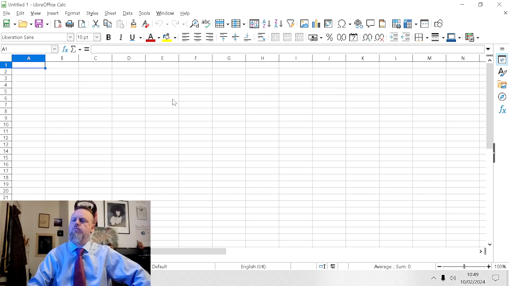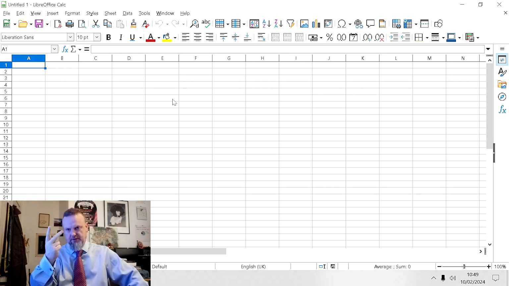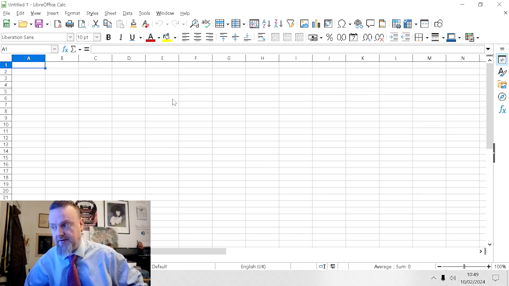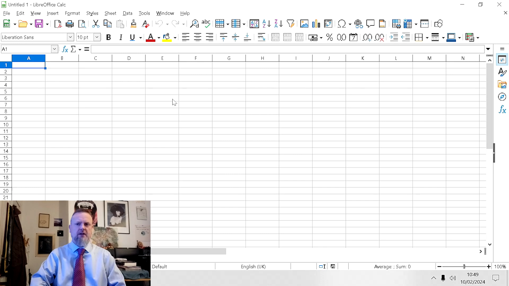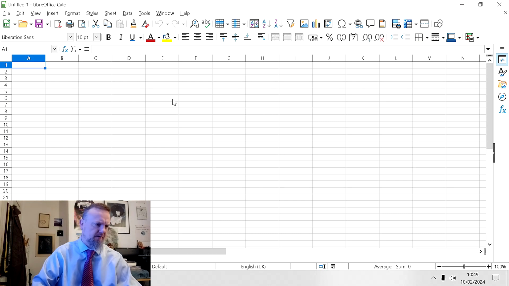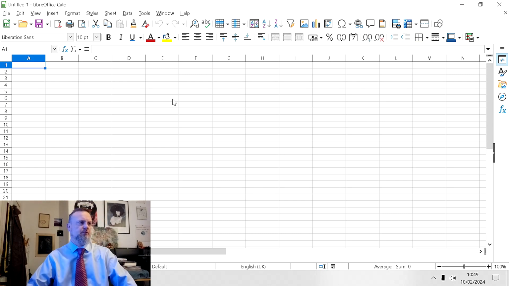Now, just to explain that, in decimal we count 0, 1, 2, 3, 4, 5, 6, 7, 8, 9, then 10, back to the beginning, 11, 12, 13, 14, 15, 16, 17, 18, 19, then back to the beginning, 20, and so on. Hexadecimal is to the base 16.